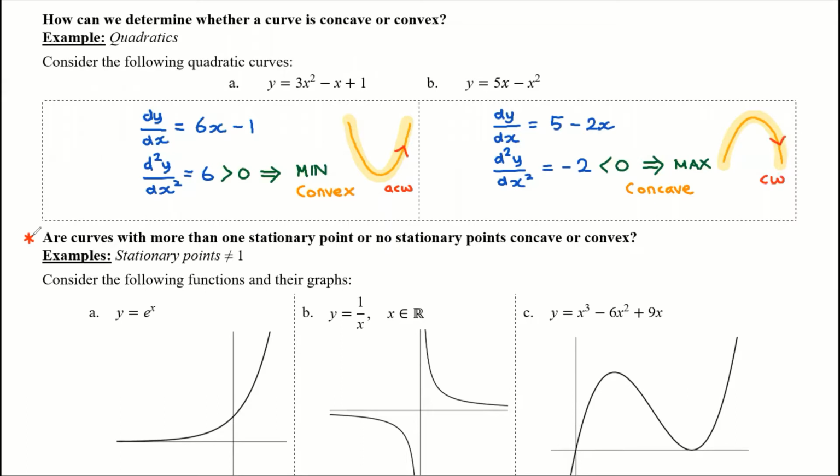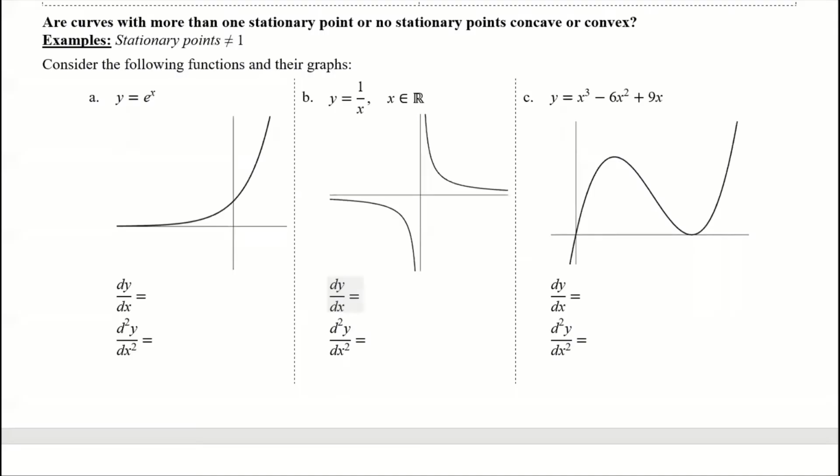So let's have a look at some more general cases. And this is where the second derivative is going to really help us. Okay, so here I've got 3 examples where we don't necessarily have stationary points at all, or we have more than one stationary point.